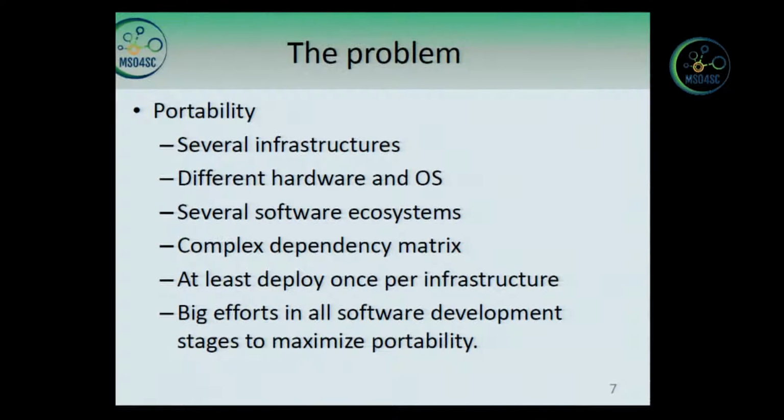It is a big problem. These are the main points. We experience these problems in the deployment stage, but from the other stages of the life cycle of the software, there is a big work in order to avoid the problem, but finally we will find it in the deployment.